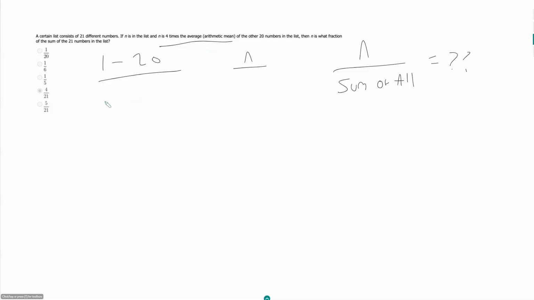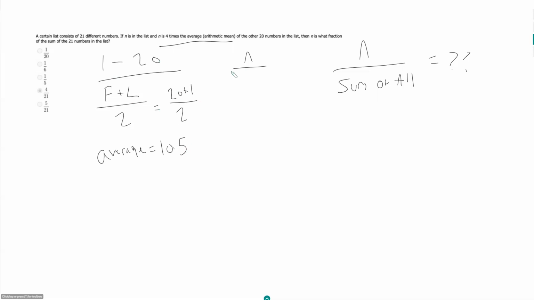Based on the properties of consecutive sets, I can find the average just by taking the first number plus the last number, divided by 2. In this case, if my first 20 numbers are 1 through 20, that would be 20 plus 1 over 2, which is 21 over 2, which is equal to 10.5.